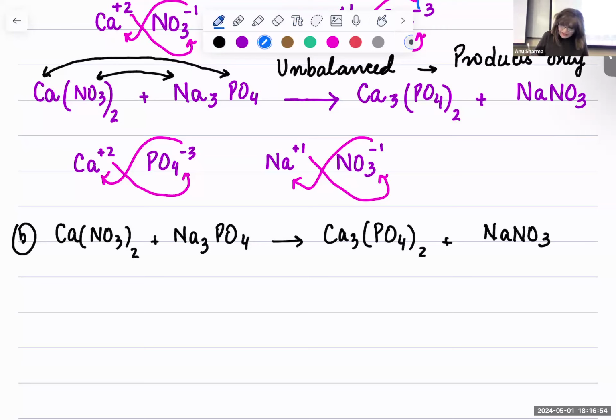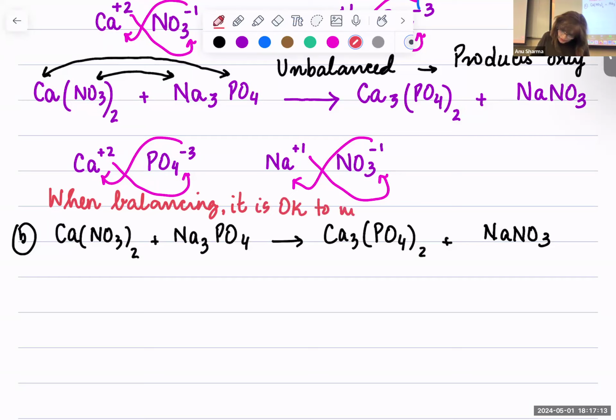Here's an interesting thing: when balancing, it's okay to not put charges. So let me write this in red. When balancing, we can bring charges later. When balancing, it is okay to not put charges.